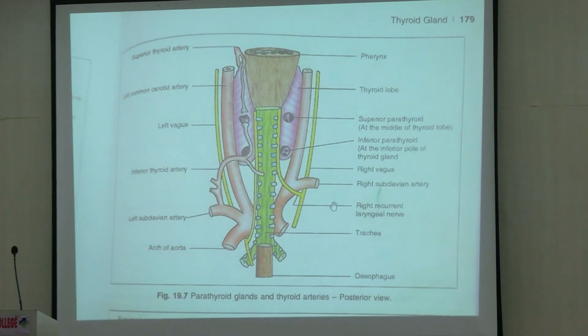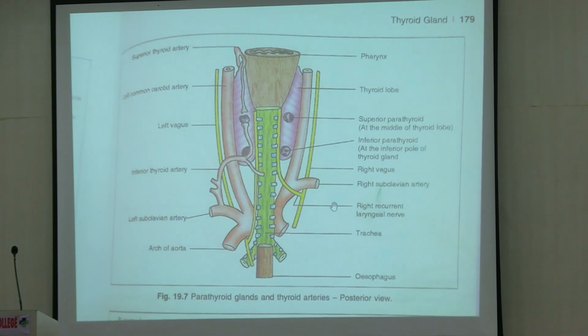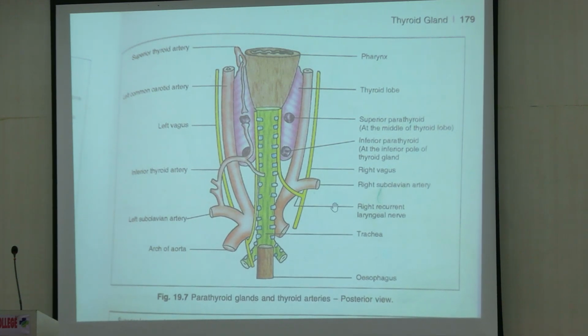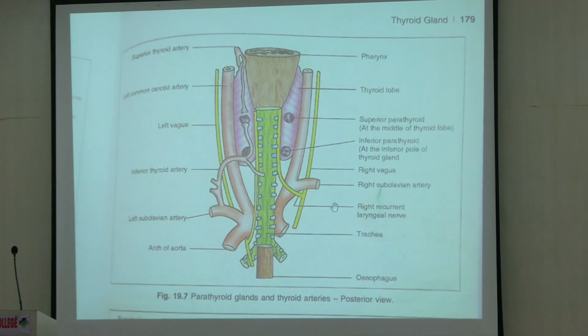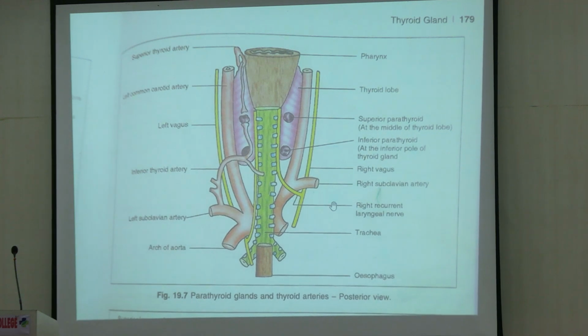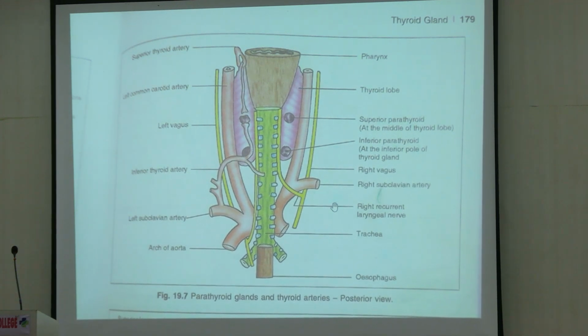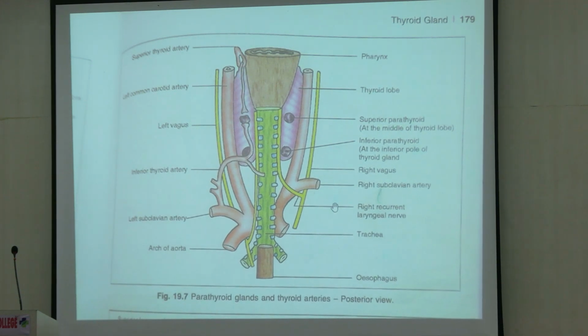Now this brachiocephalic trunk divides into right common carotid and right subclavian. From the right subclavian, the inferior thyroid artery arises and enters the gland at its lower pole.